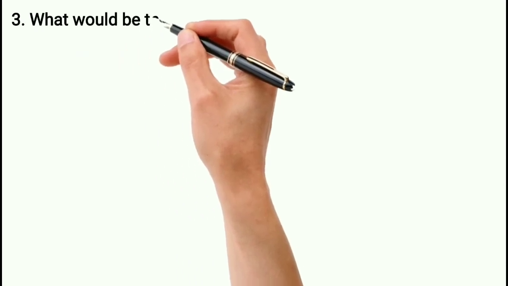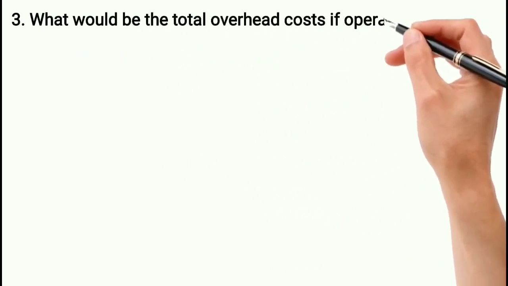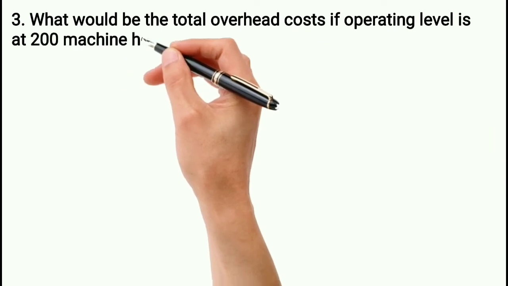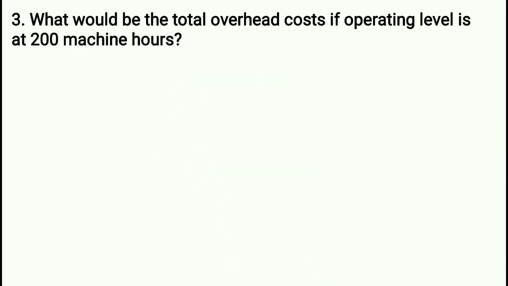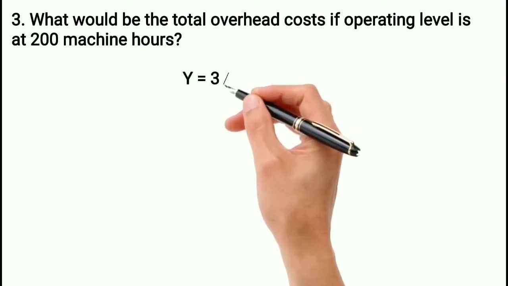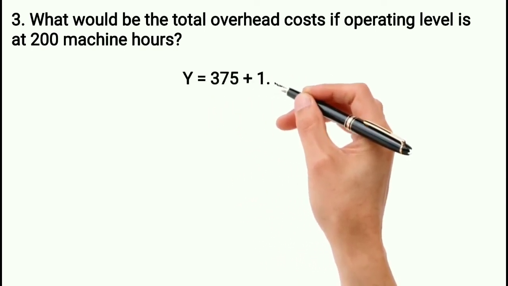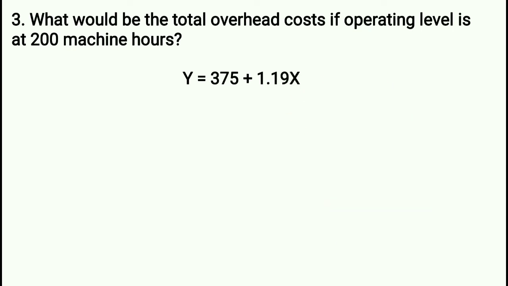Next, requirement number 3. What would be the total overhead costs if operating level is at 200 machine hours? In order for us to answer this requirement, gagamitin natin yung cost function. Yung cost function ay Y is equal to 375 plus 1.19x. Isa-substitute natin yung 200 sa x.